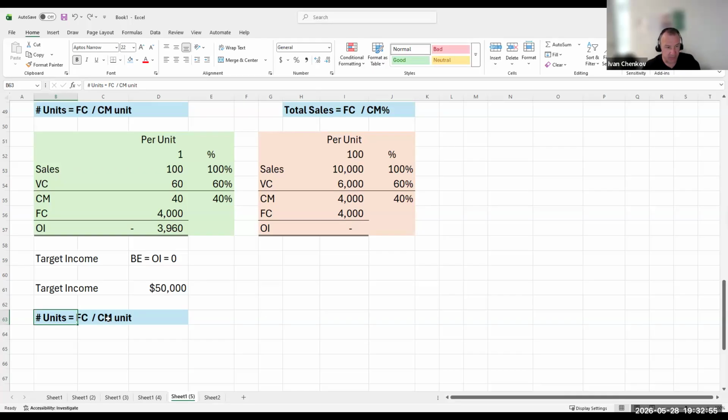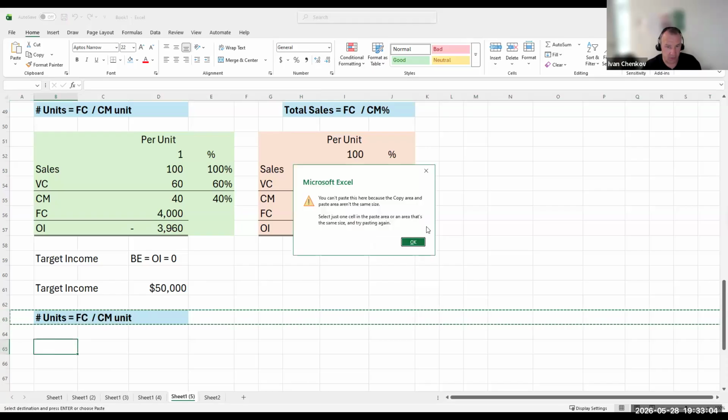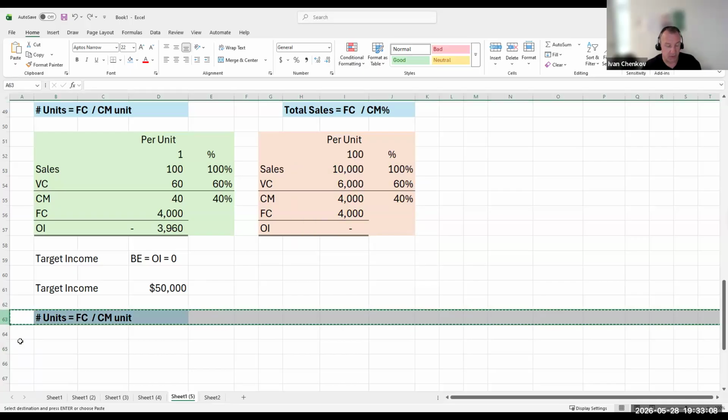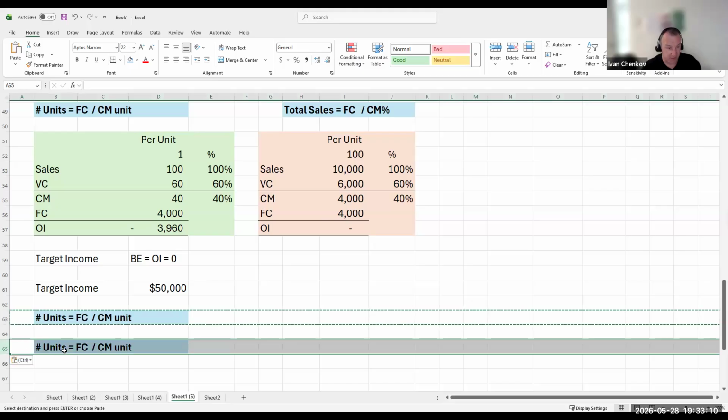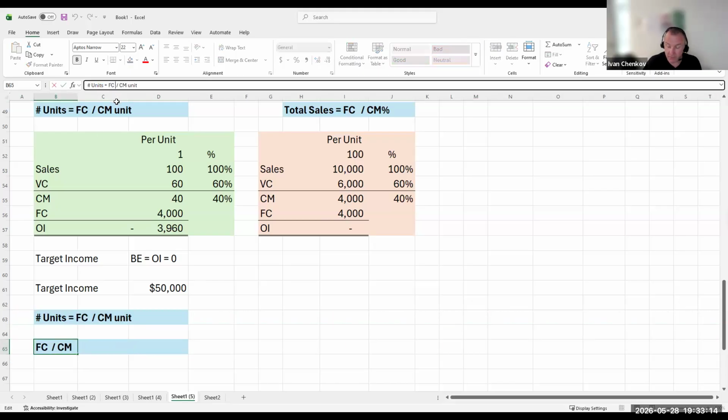We're going to use the same formula, but now with a slight modification. This formula works only and only when the operating income is 0. Now, if you want operating income, we have to add it to our fixed cost.